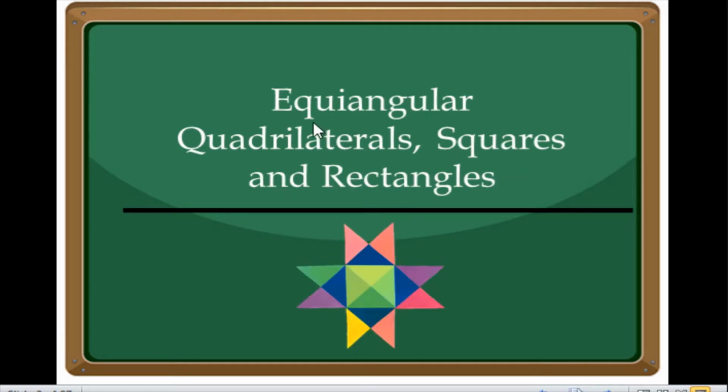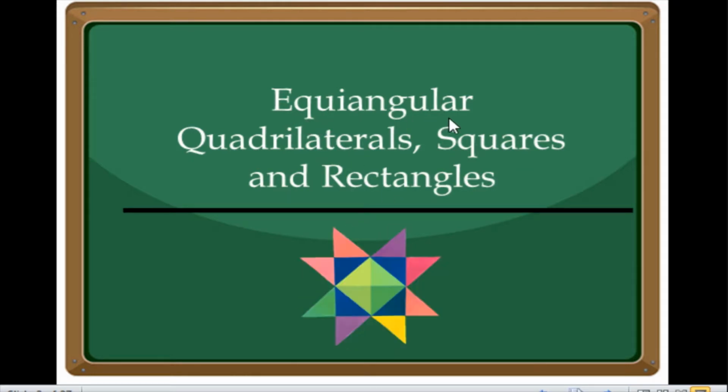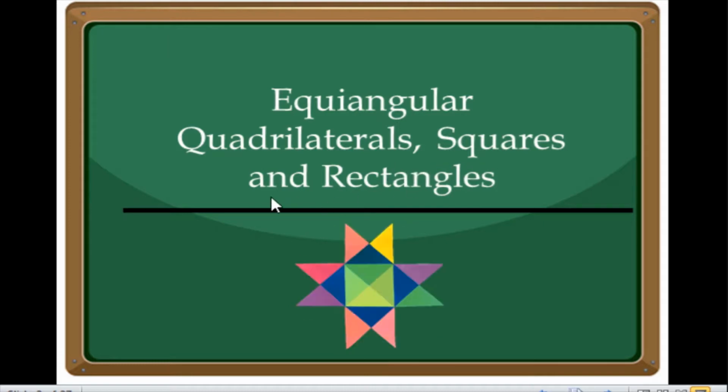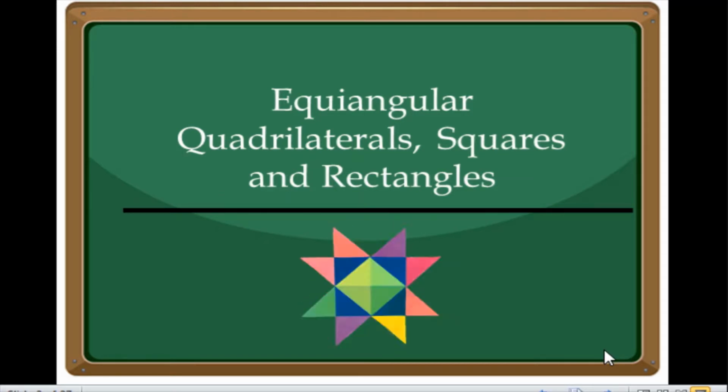What are these objects and shapes? Pictures of these shapes will be flashed on your screen now.